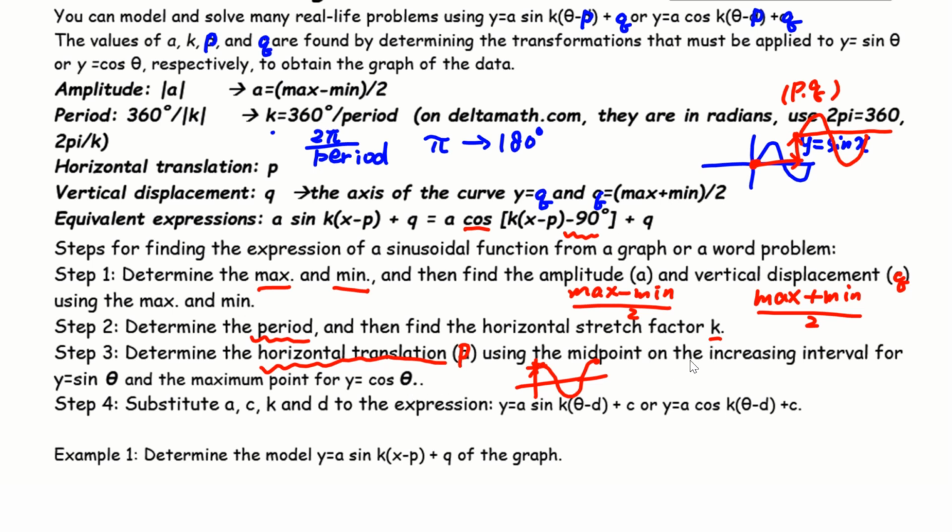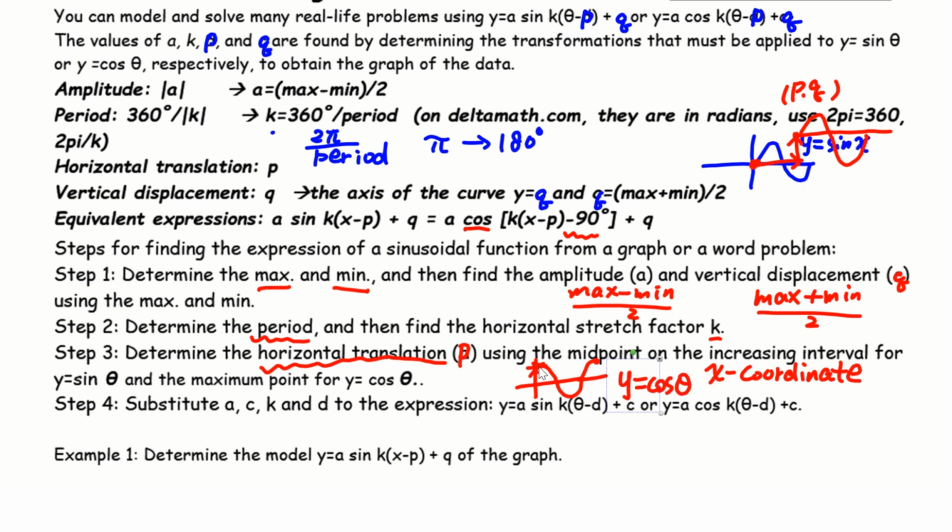The x coordinate of the starting point of the y equals cosine or y equals sine will give you the p value.